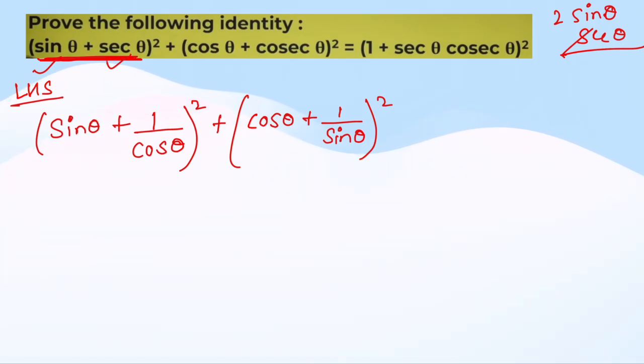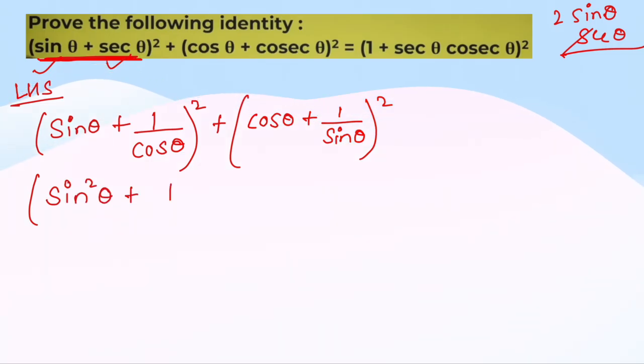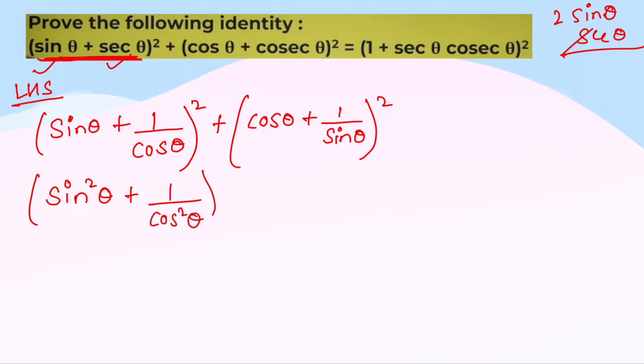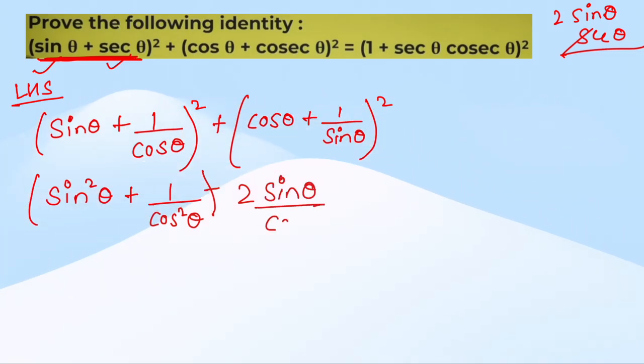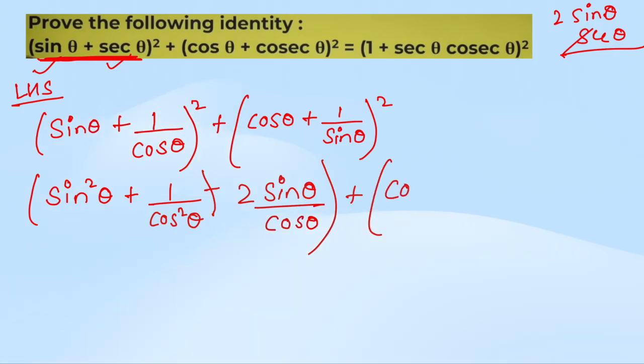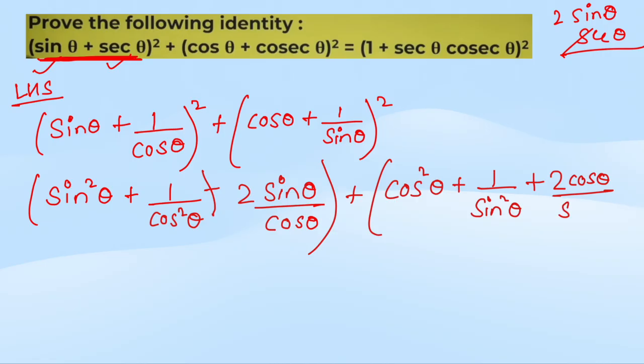So a square is sine square theta, then b square is 1 by cos square theta, then 2 times ab, sine theta by cos theta. Clear? Now for the second one, it will be cos square theta plus 1 by sine square theta plus 2 times cos theta by sine theta. Clear? Let's see what we are getting.